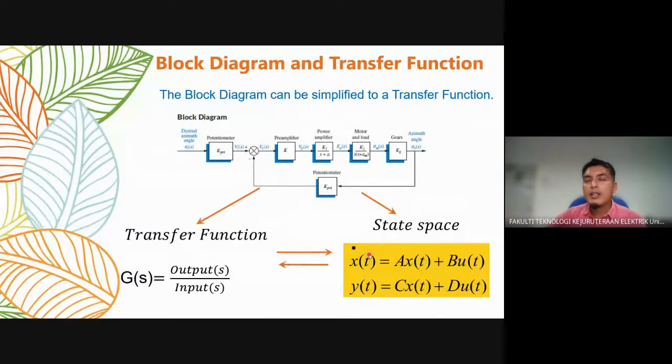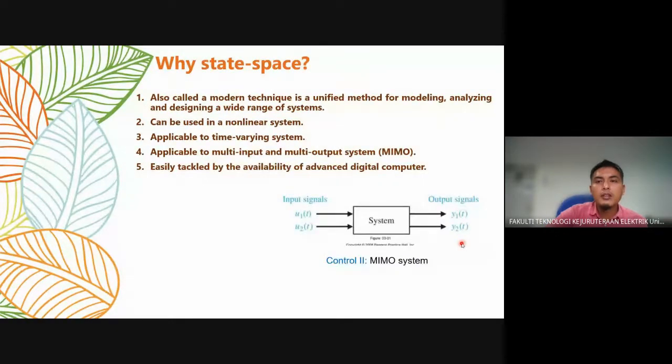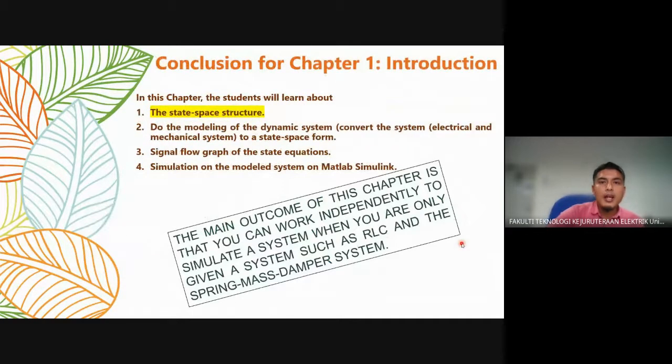Later on, you will learn how to find the relationship between the transfer function and the state space. These are the advantages of the state space: it can handle MIMO systems. You will also learn about the state space structure.